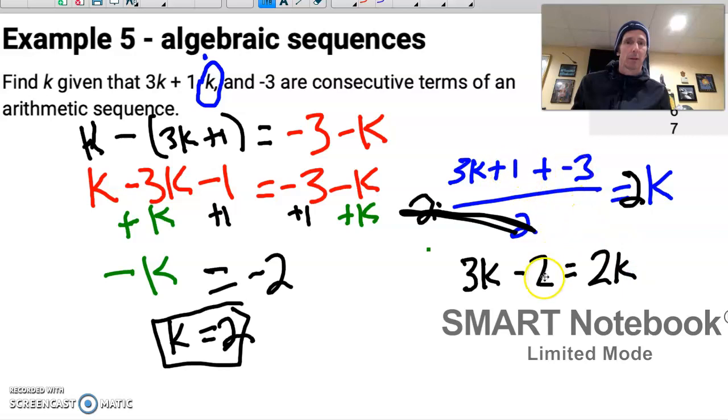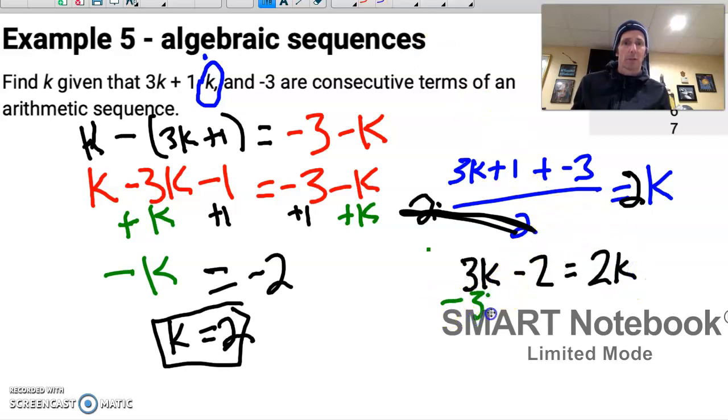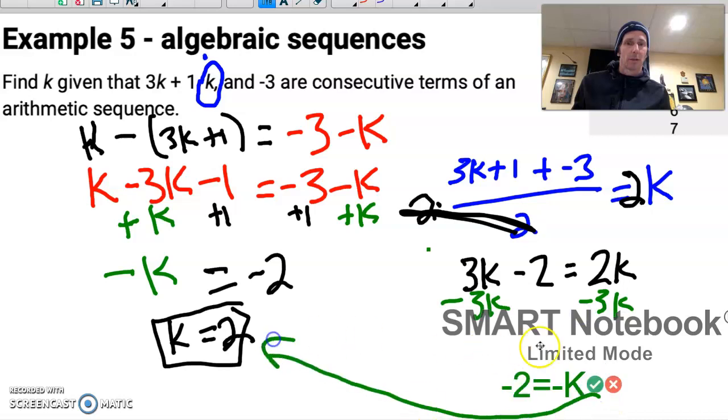Again, the 1 and negative 3 gives me the negative 2. Changing color so we can see what's going on. If I subtract 3k and get all my k's together, then I would have negative 2 on the left equals 2k minus 3k, which is negative k on the right. And again, that leads me to k equaling 2.